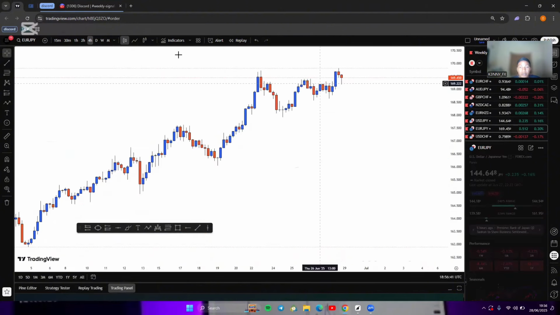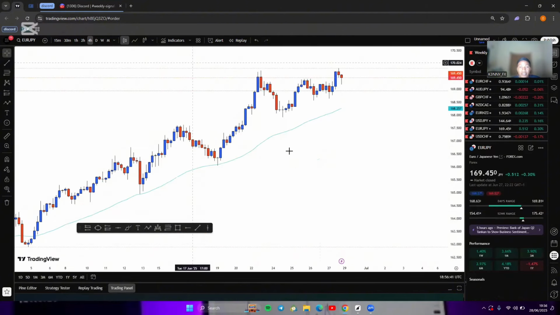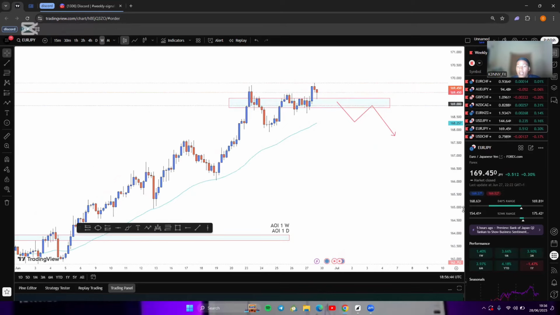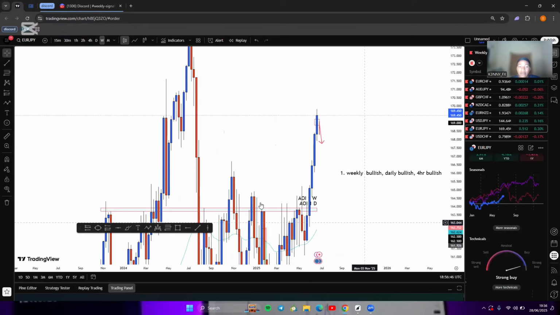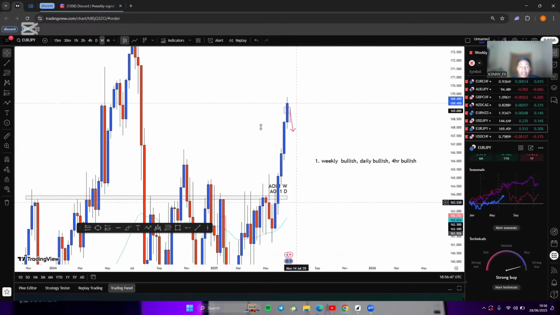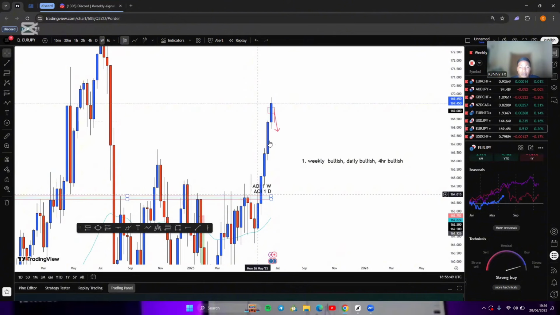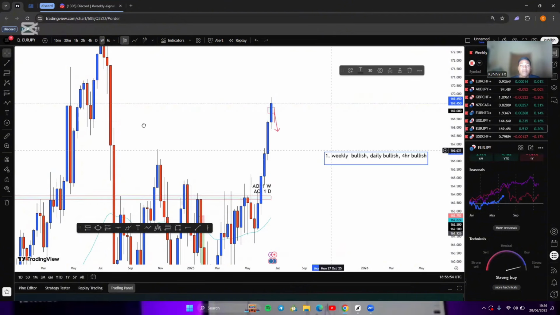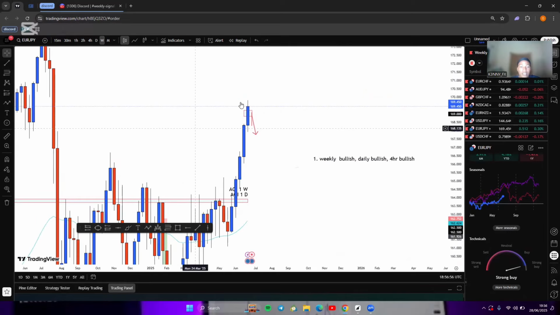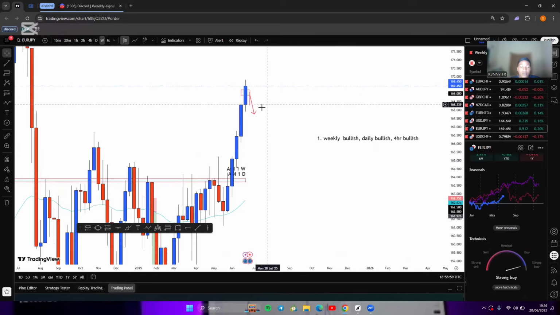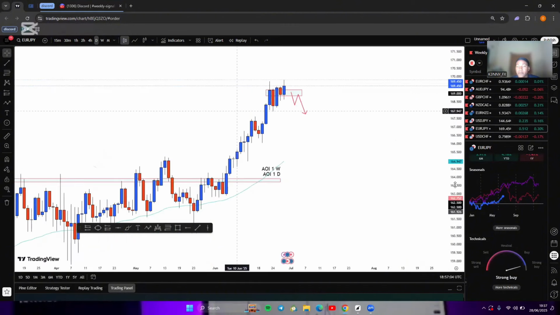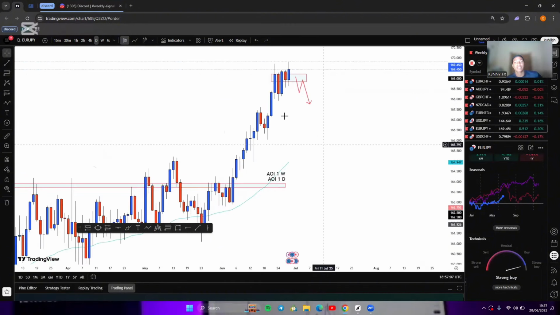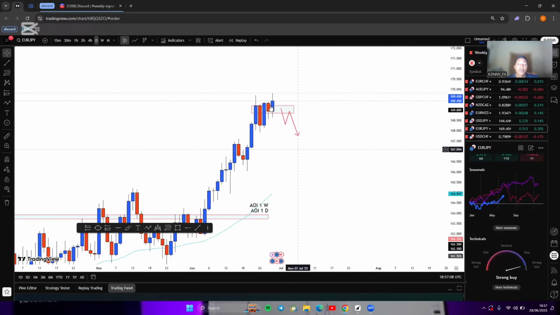Then we have UGPY. We are waiting for a break under this level to sell. If you notice, we have been bullish for the past month, 1, 2, 3, 4, 5, 1, 2, 3, 4, 5. So the market is bound to have a retracement, and we are trying to catch that retracement to the downside. We're waiting for a break under this level.